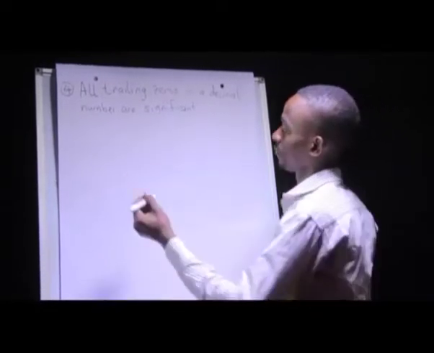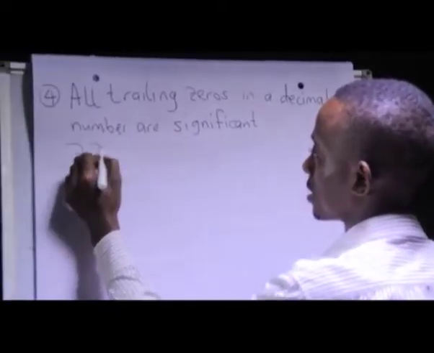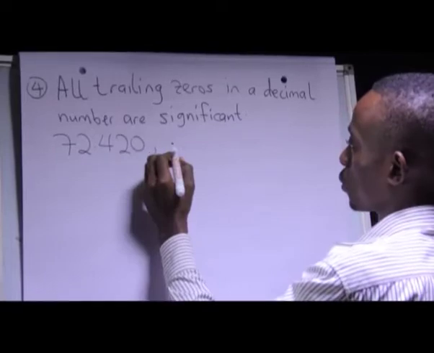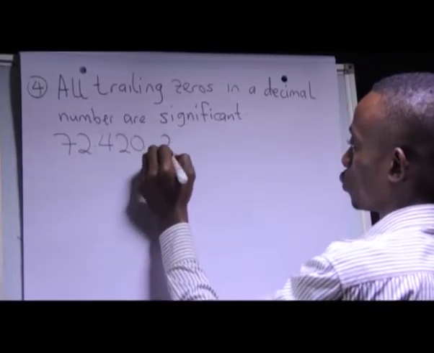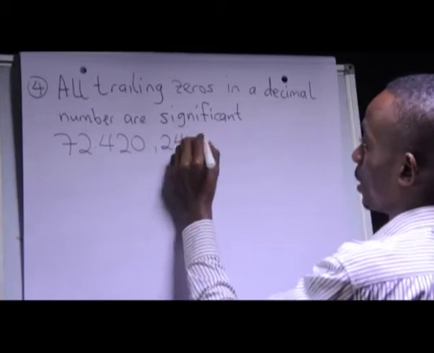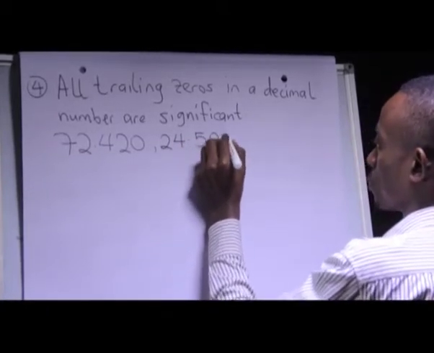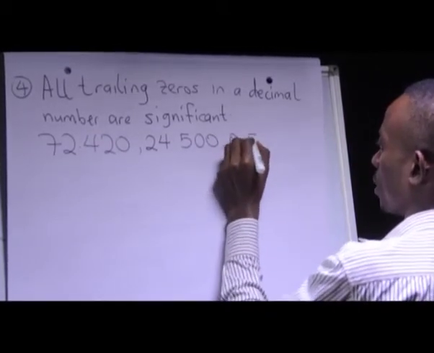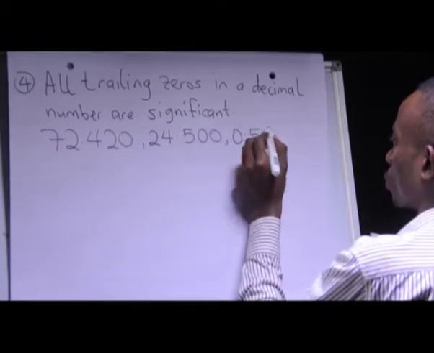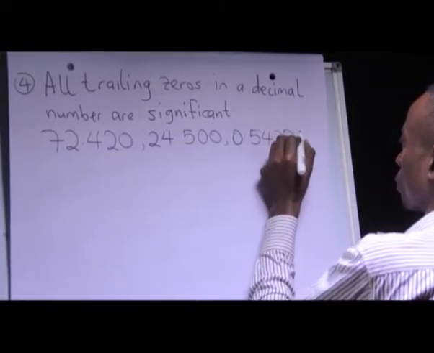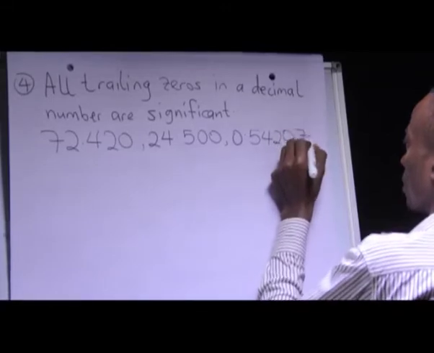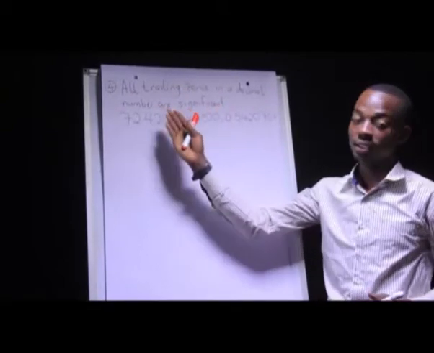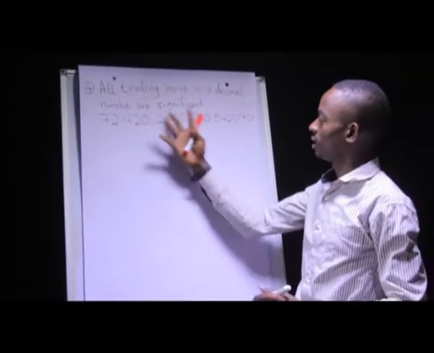So for example, we can have numbers such as 72.420, and I also have 24.500, then I also have 0.5420700. And I'm required to find how many significant figures are there in these three numbers.